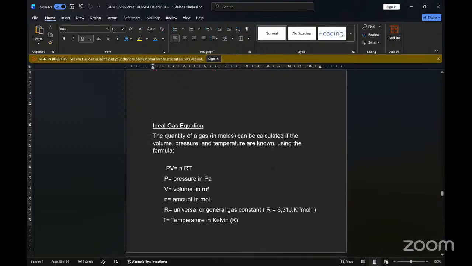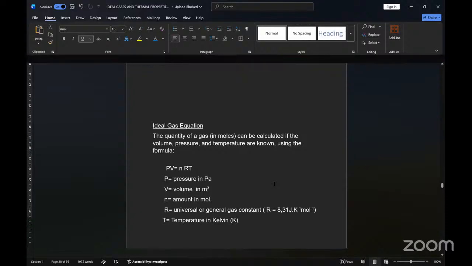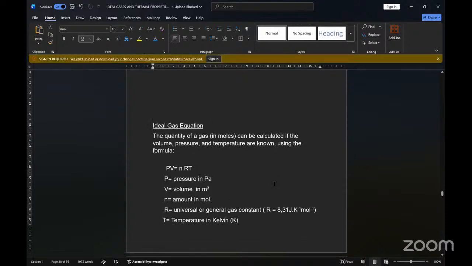Okay, so now we are moving to the next thing, which we call the ideal gas equation. Now, this one is very important. So far, in all the calculations that we have been doing, we have not included number of moles or the mass of something.